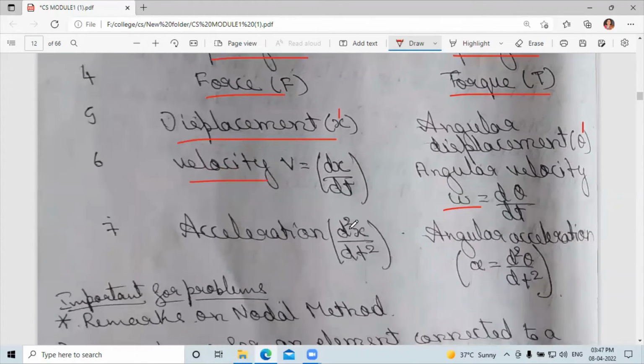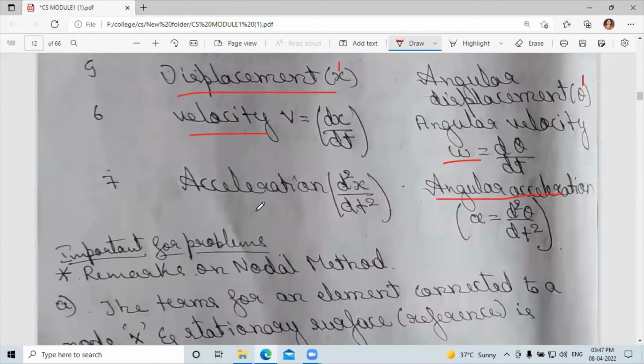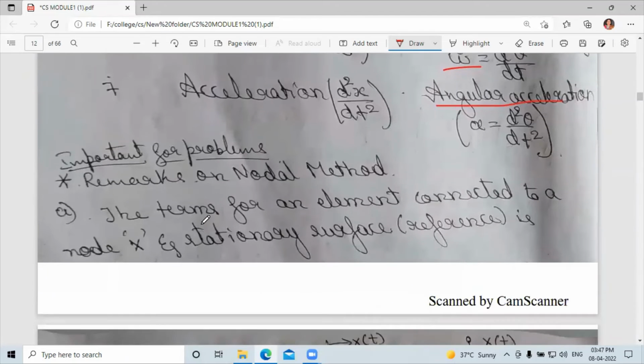Acceleration is d square x divided by dt square, and angular acceleration alpha is d square theta divided by dt square.